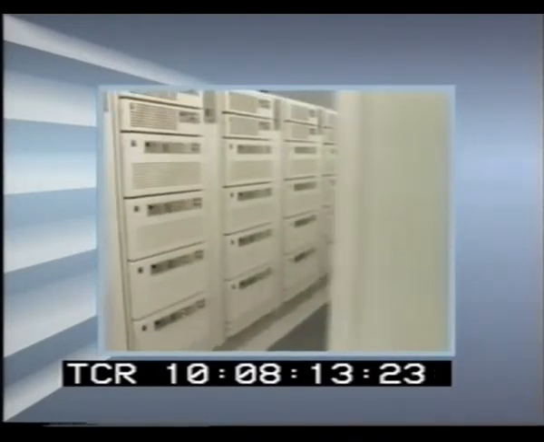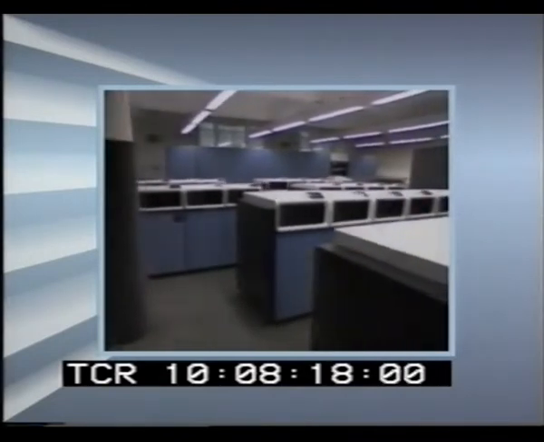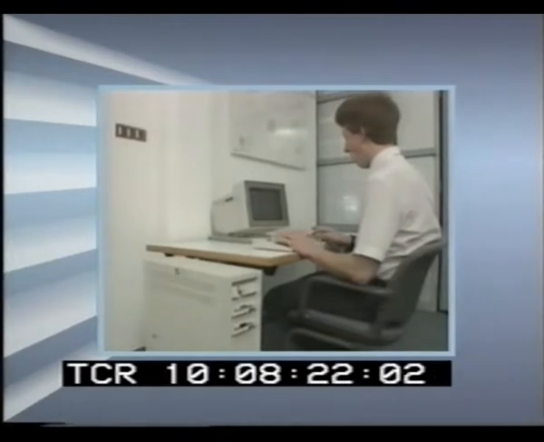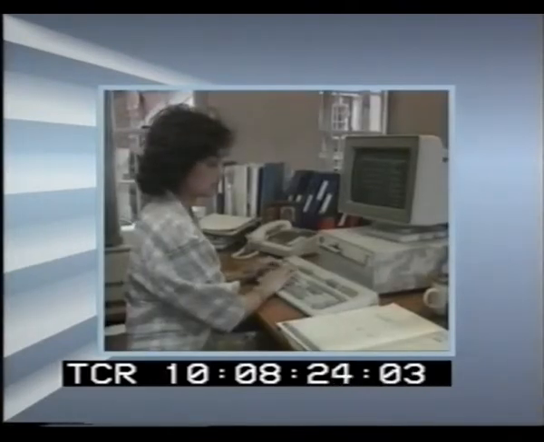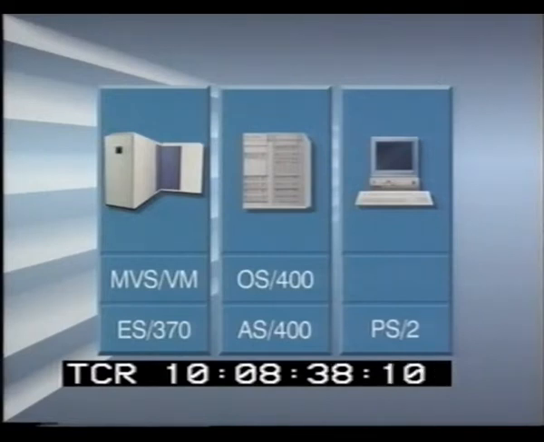IBM has developed these hardware families with corresponding operating systems to meet different user requirements. There is some overlap between the three families in terms of their size. The two operating systems used for large systems are MVS and VM. The mid-range systems include OS400, and the Personal System 2 runs OS2 Extended Edition.